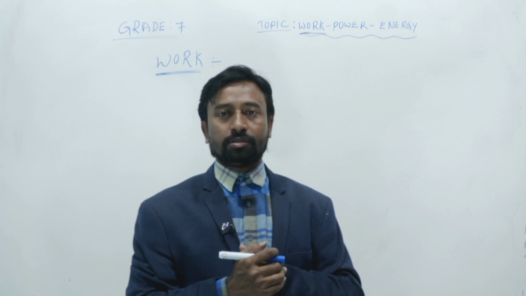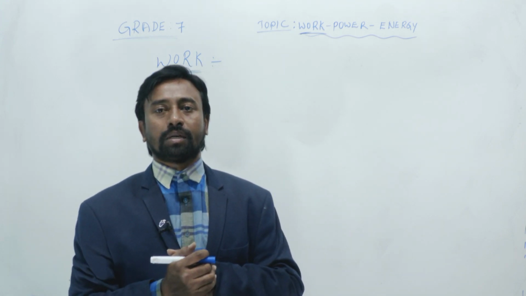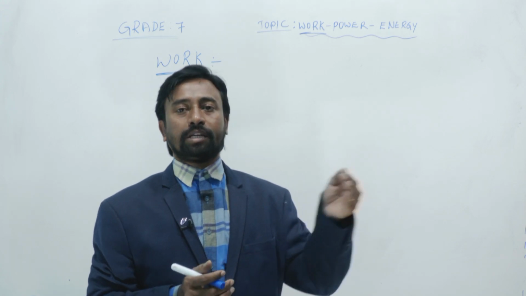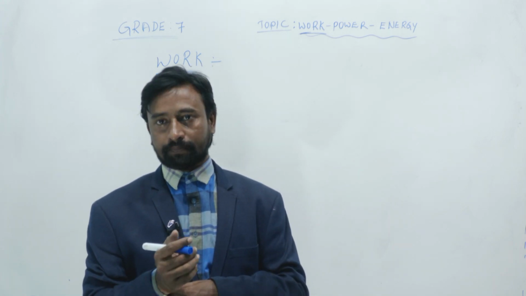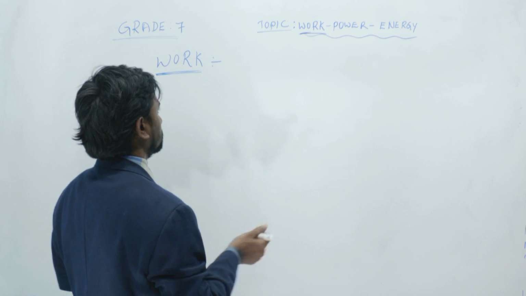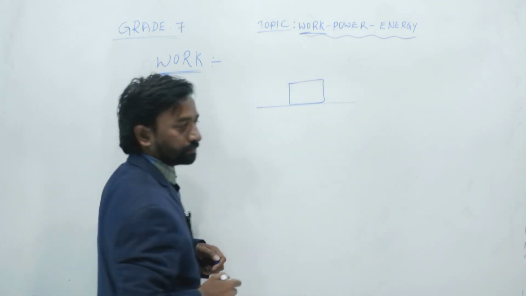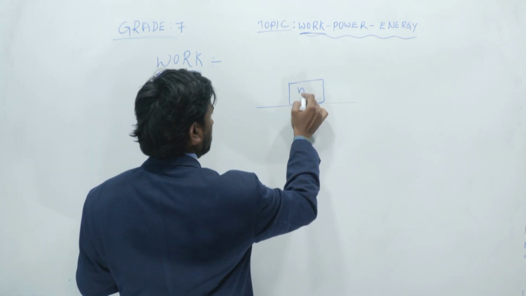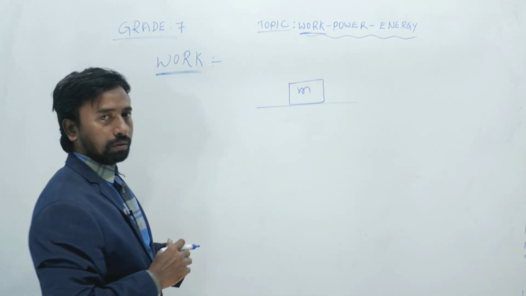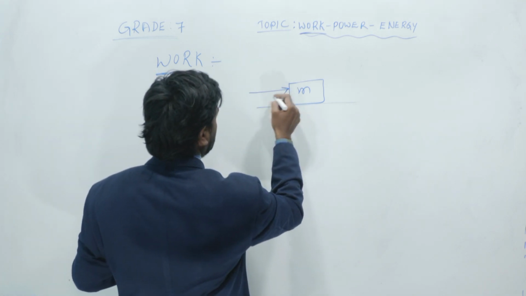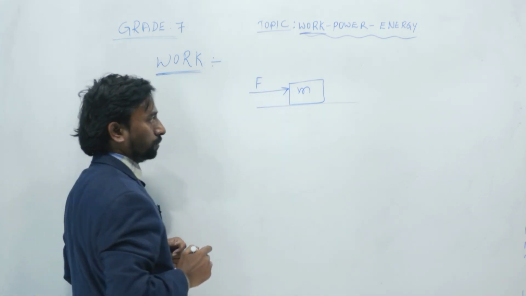It is said to be done when a certain force is applied on the body and there is some displacement of the body. Let us consider an object of mass m, one block on the floor, and a pushing force is applied on the body.